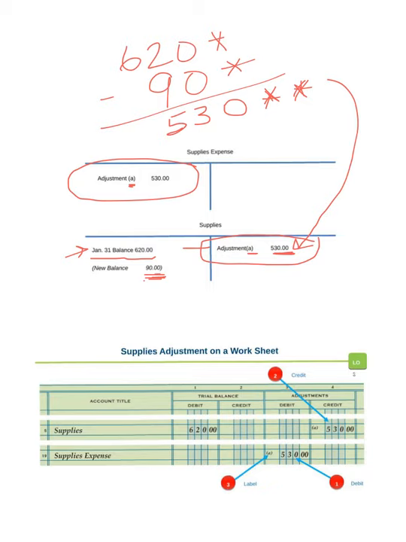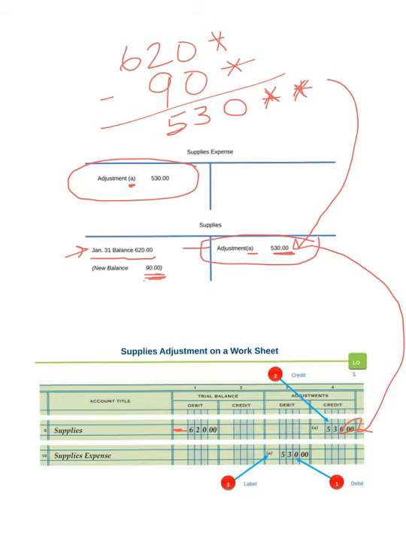How does it look on the worksheet? Well, we go to the supplies line on the worksheet. It shows a 620 debit balance, which you brought from the ledger account. We just planned a $530 credit adjustment, so we will park that $530 in the credit column.